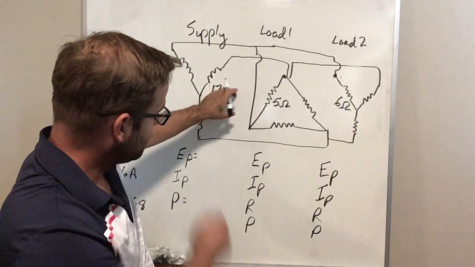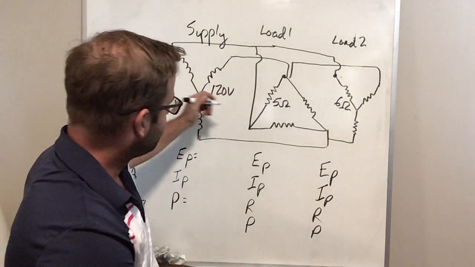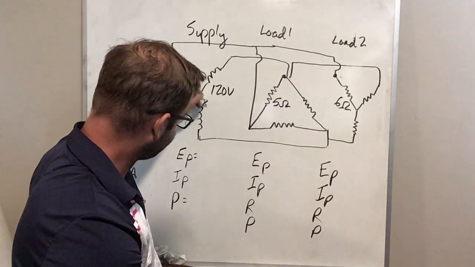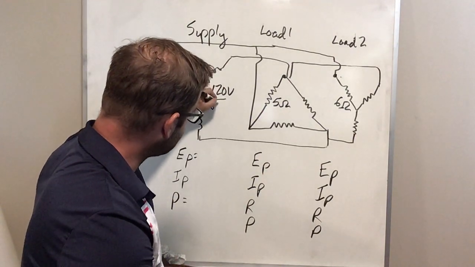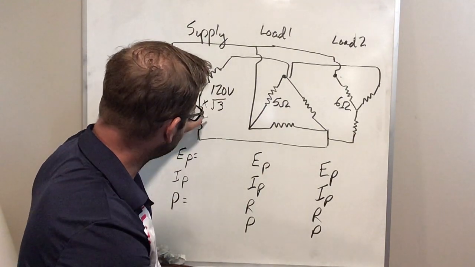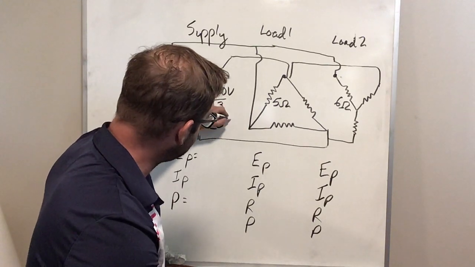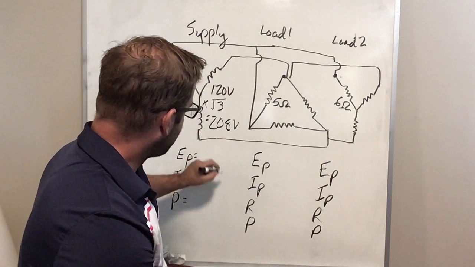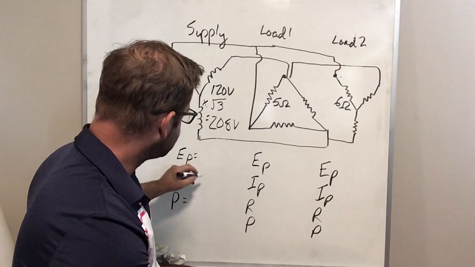So we know that our line voltage is root 3 larger. So 120 times root 3 gives us a value of 208 volts for our line voltage.